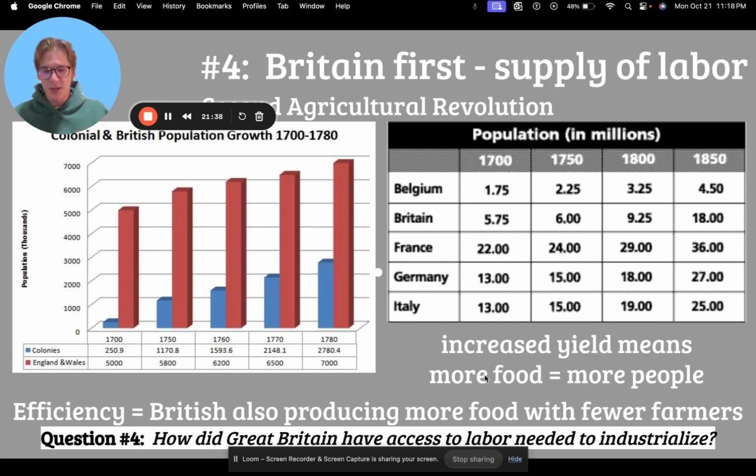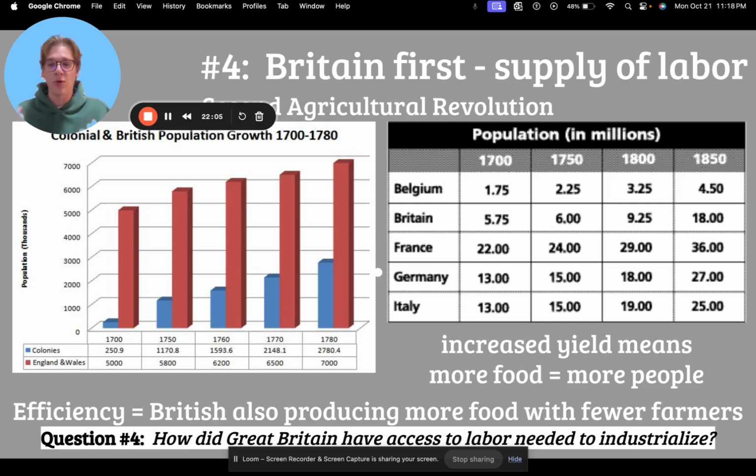But this idea of yield: if you have non-nutrient soil, you're not going to get a high yield. You're not going to be getting as many crops as a person who, on the other hand, did have nutrient soil. So nutrients equals more crops equals more yield. All right.